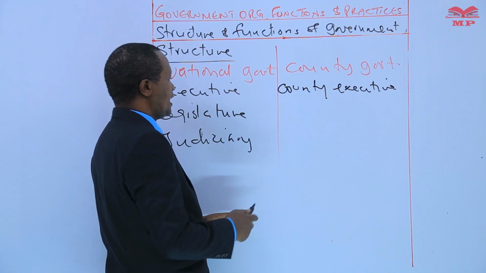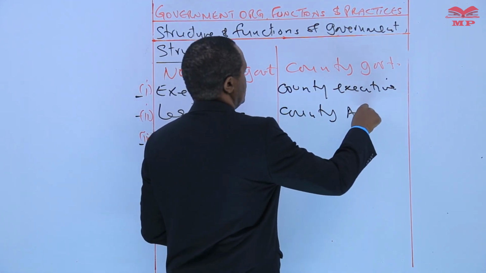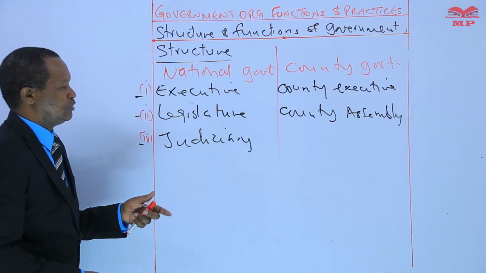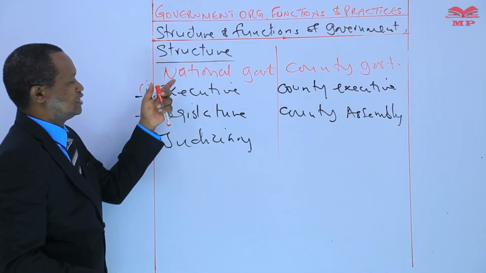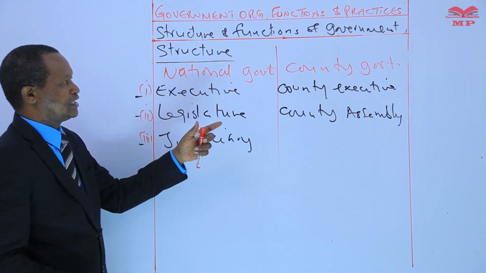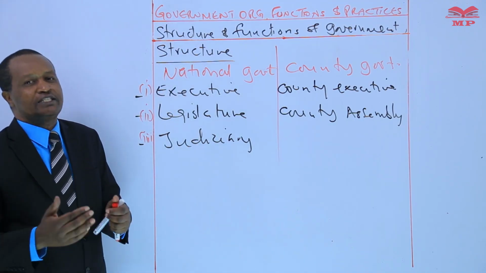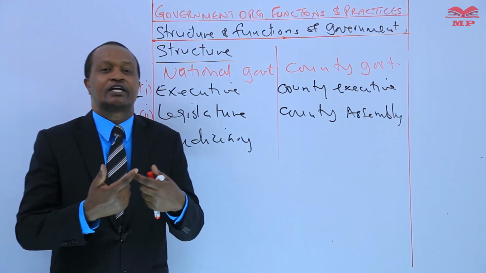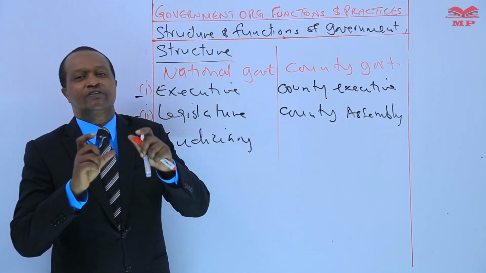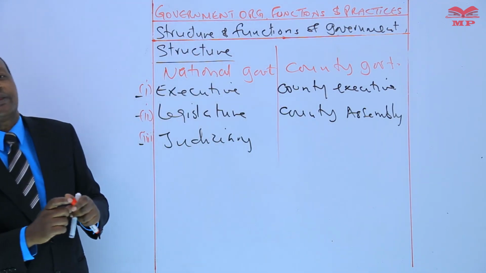We have the county assembly. Here we saw that we have the bicameral legislature at the national level: the National Assembly and the Senate. At the county government, we have the county assembly, which is the legislative arm of the county government.